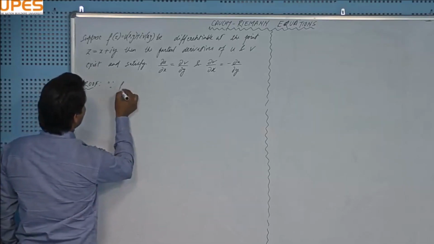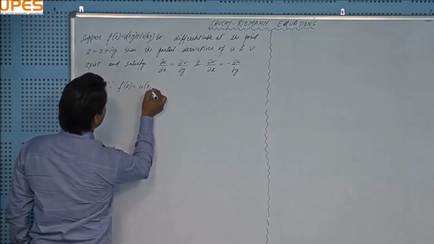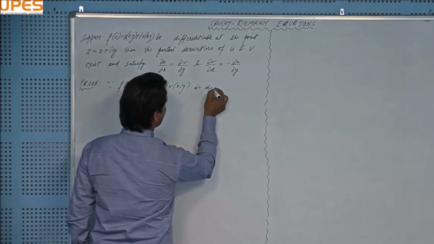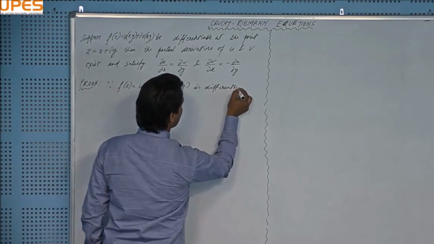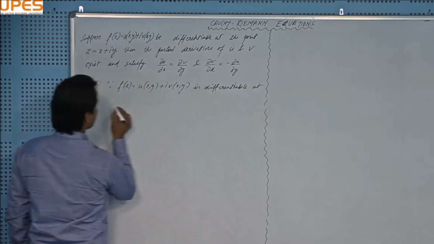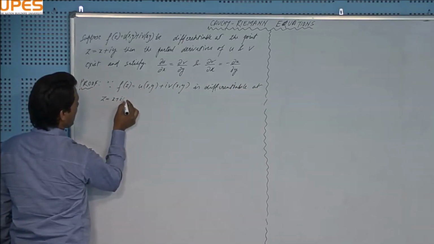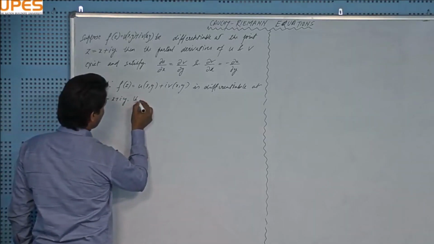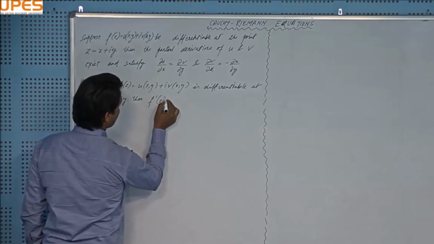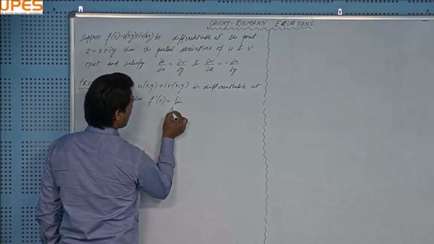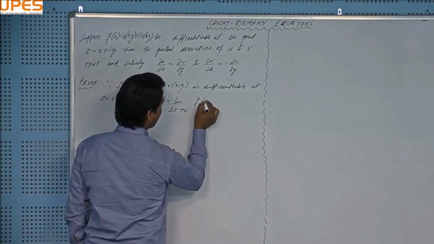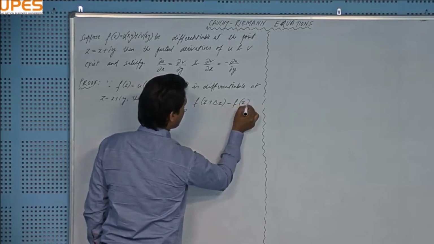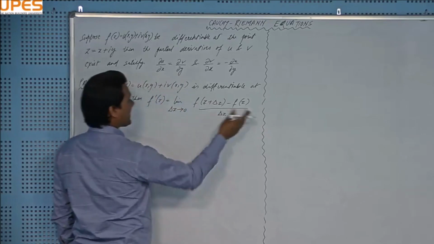Okay, since f(z) = u(x,y) + iv(x,y) is differentiable at z = x + iy, then by using the definition of differentiability, f'(z) = limit as Δz tends to 0 of (f(z + Δz) - f(z)) / Δz exists uniquely, right?